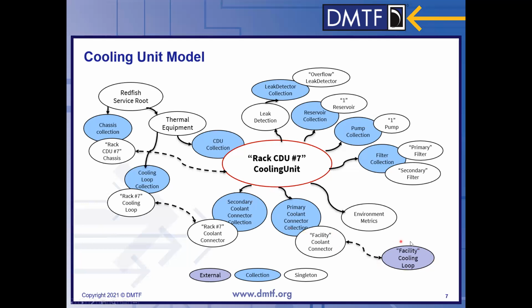So there's some external link there to another Redfish service that hopefully is managing the facility level infrastructure. And then on the secondary side, you see that there's a coolant connector that jumps over to a cooling loop that's serving what appears to be rack number 7. And the cooling loops themselves are managed as separate entities under thermal equipment, as you can see.